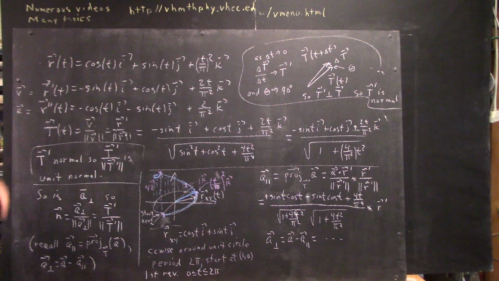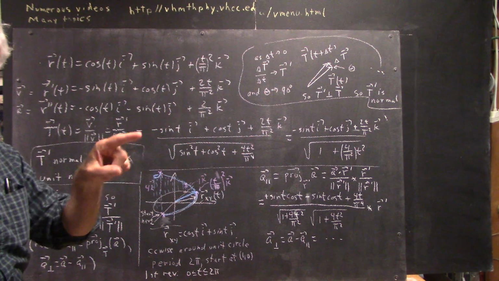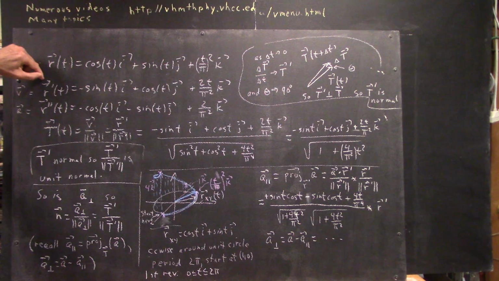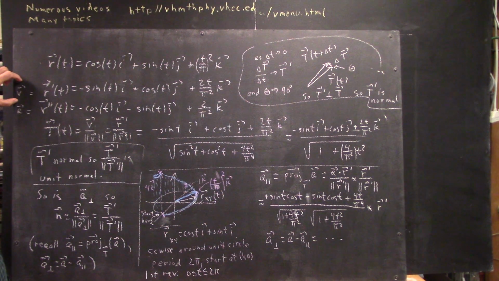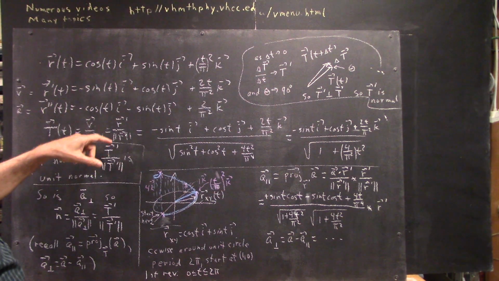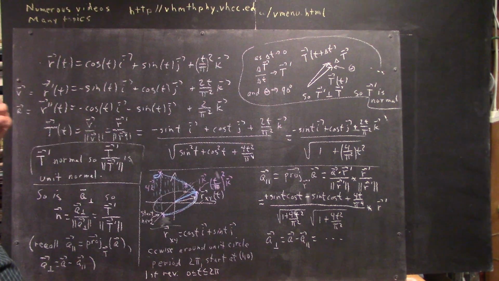We calculate first the unit tangent vector. Now, the unit tangent vector is a vector of magnitude 1 in our direction of motion. Our direction of motion, of course, is the direction of the velocity vector, and we get a unit vector in that direction if we divide the velocity vector by its magnitude. That's the same as dividing the r prime vector by the magnitude of the r prime vector.